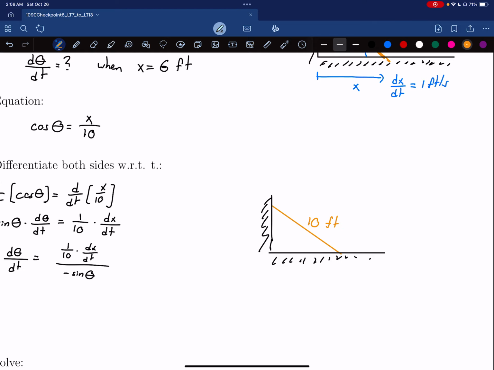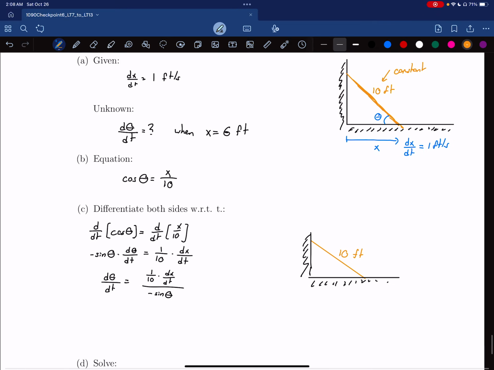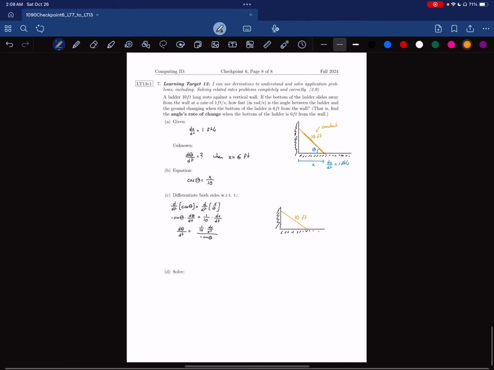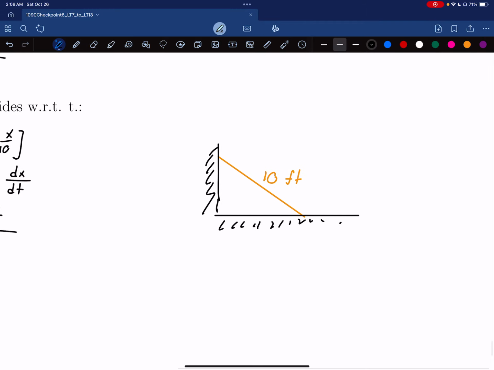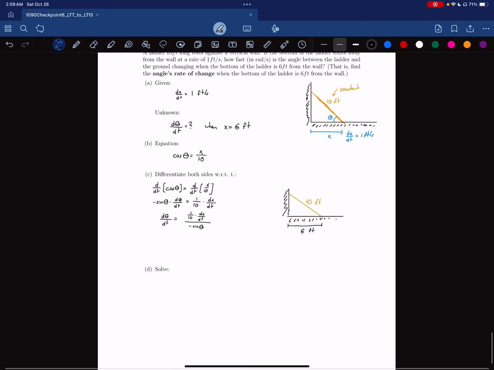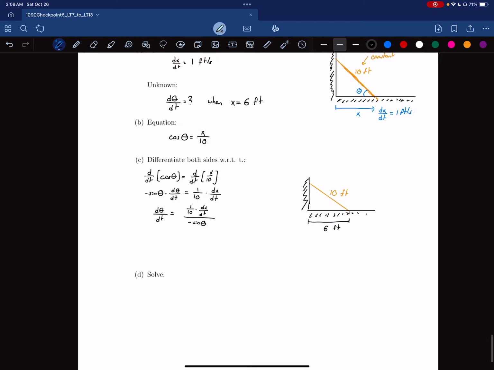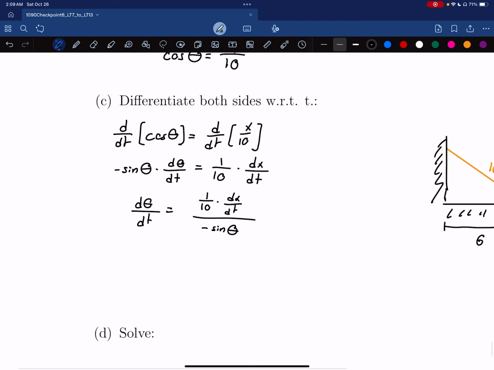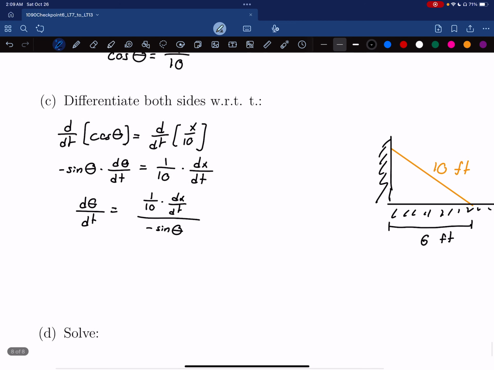And with regards to this problem, we want to find d theta dt when x is equal to 6 feet. So this value is 6 feet. So I have two values, which means you can find a third. And we're going to be looking for sine theta.